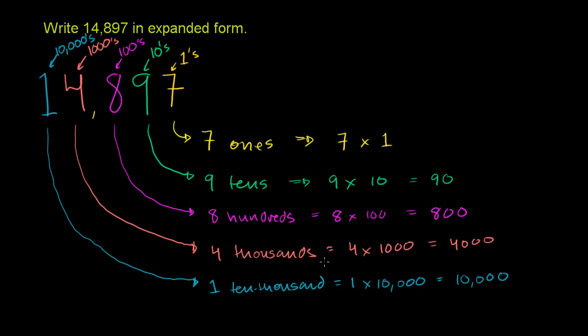So when they ask us to write it in expanded form, we could write 14,897 literally as the sum of these numbers, of its components. And actually, let me write this. This top 7 times 1 is just equal to 7.